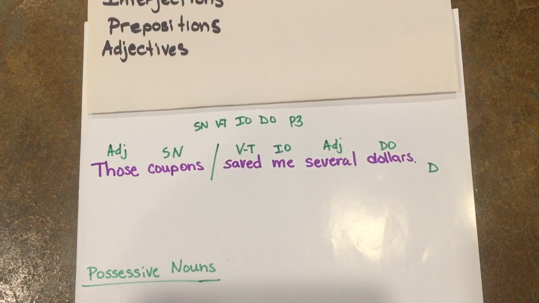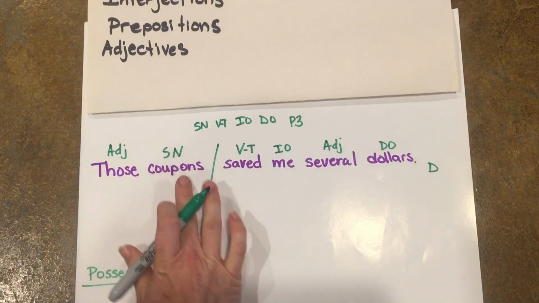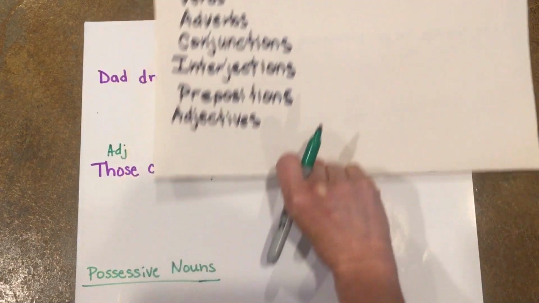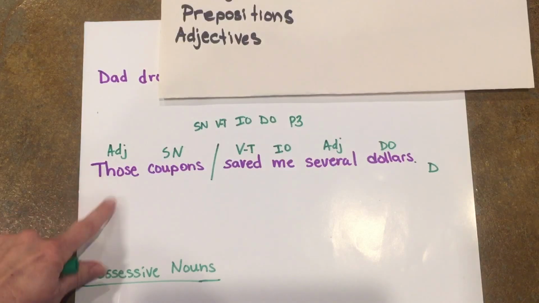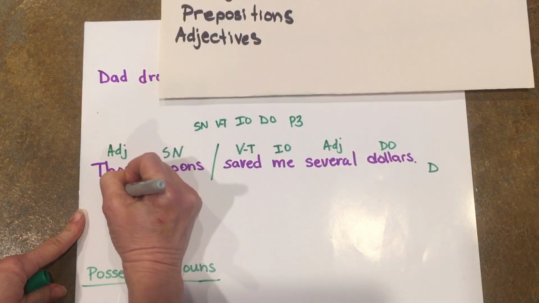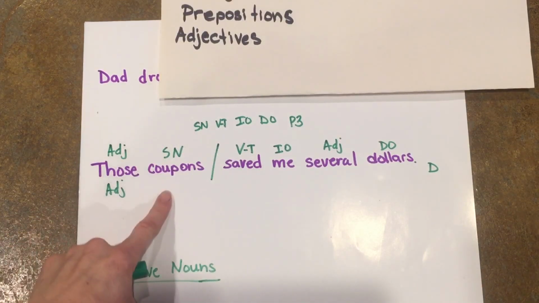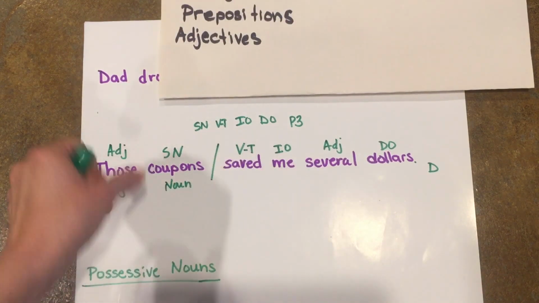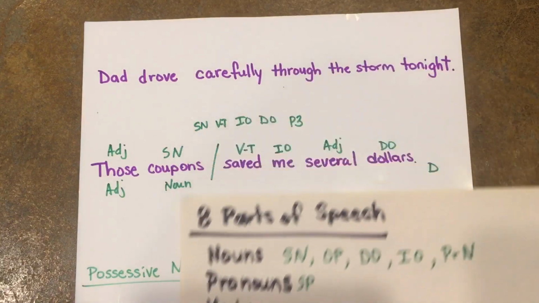Now let's go back through like we did last lesson and label each word with one of these 8 parts of speech. Okay. Those, this is easy enough. Adjective, coupons, noun. Let me move this so you can read it.